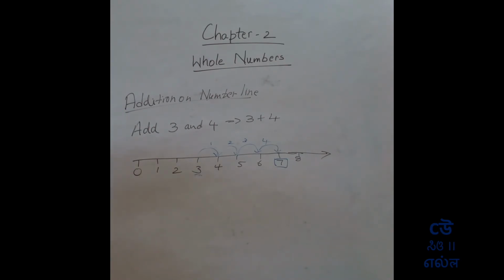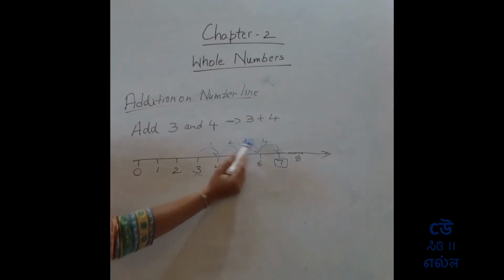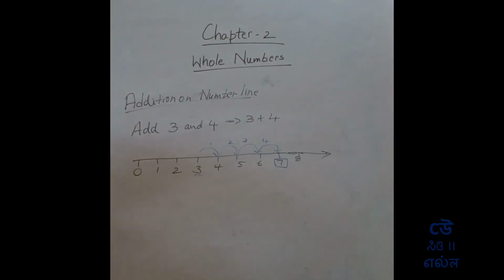So understood children? First they asked to add 3 plus 4. So we start from 3. From 3 we jump 4 numbers, okay? 1 number we jumped to 4, again to 5, next to 6, next to 7.